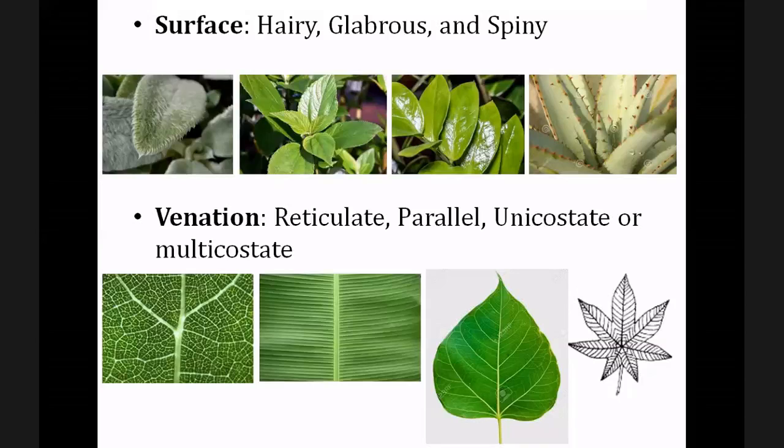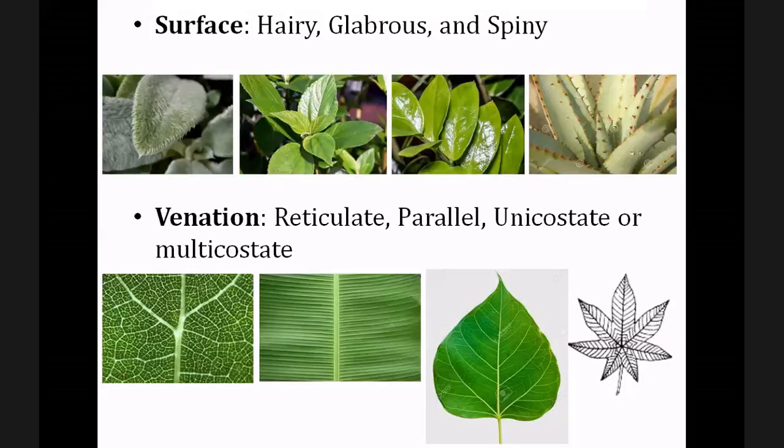Reticulate venation means the veins in the leaf form a network, a web-like structure. We call it reticulate venation.